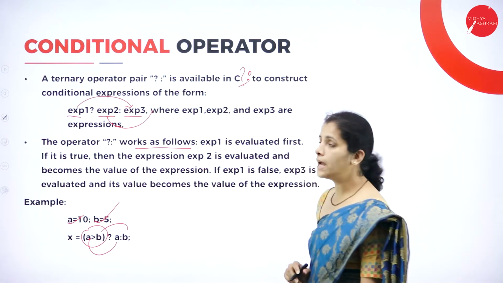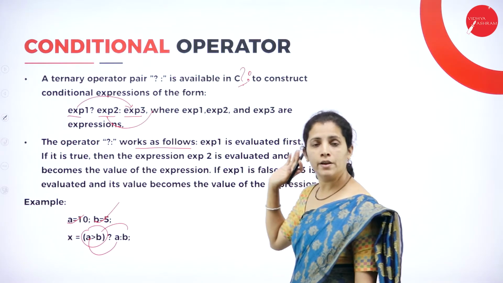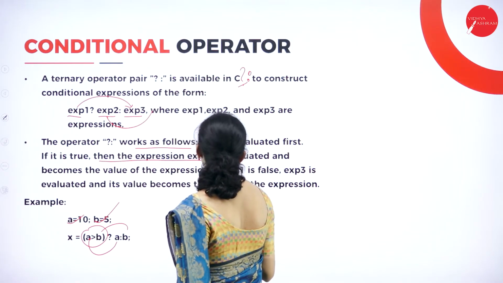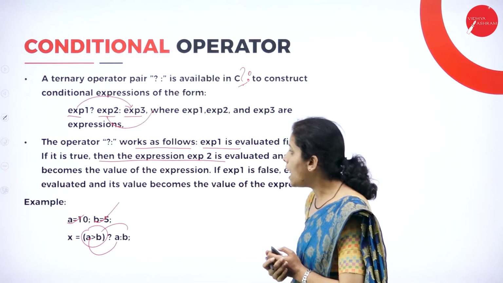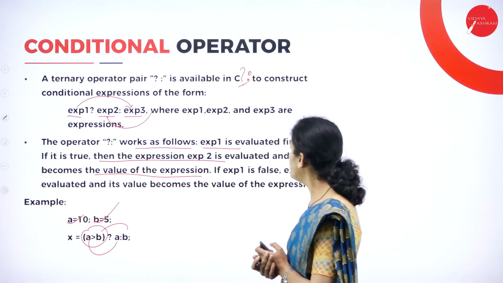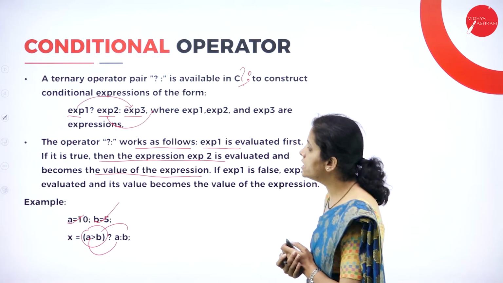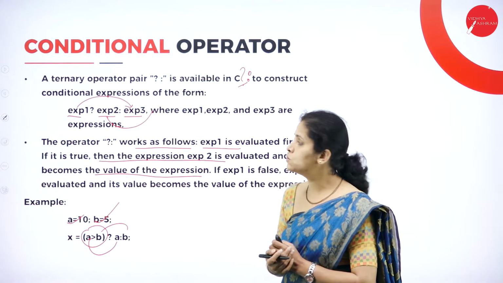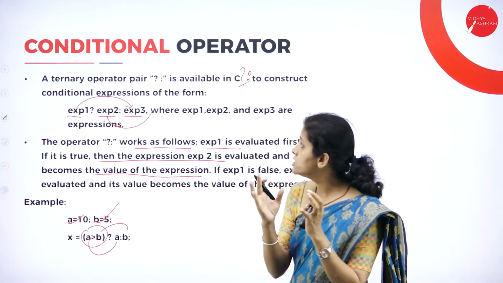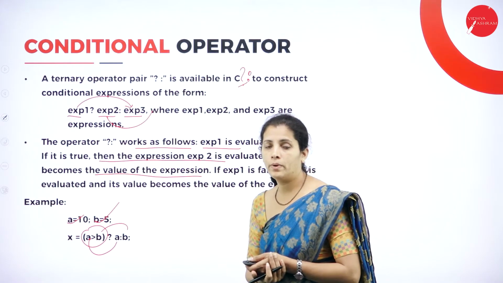Expression 1 is evaluated first. If that is true, then expression 2 is evaluated and becomes the value of the expression. If expression 1 is false, then expression 3 is evaluated. So I am able to compare 3 expressions. For that reason, it is called the ternary operator.